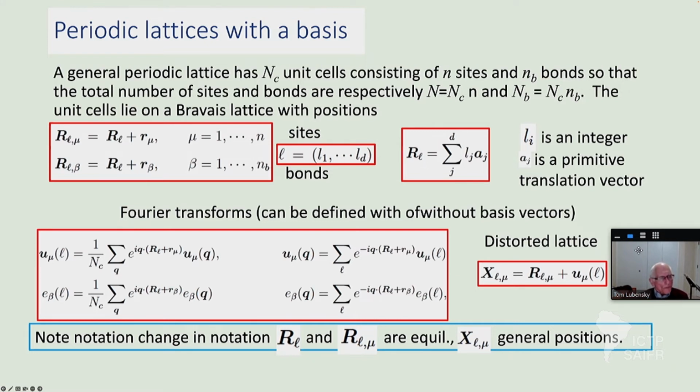The positions of R sub L are this set of numbers times the primitive translation vectors in the system. This is straight out of solid state physics. And we can do the Fourier transforms, and you can either include the R mu and the R beta displacements in the definition of the Fourier transform, or you cannot. It's your choice, and sometimes one is better, and sometimes it's better to leave that out.